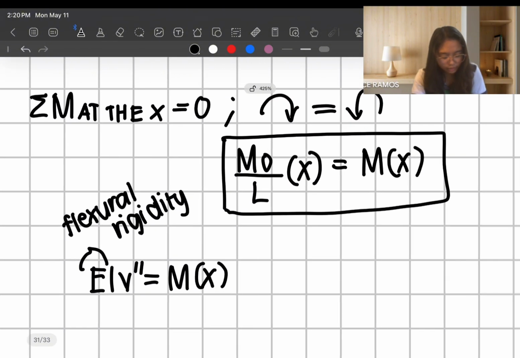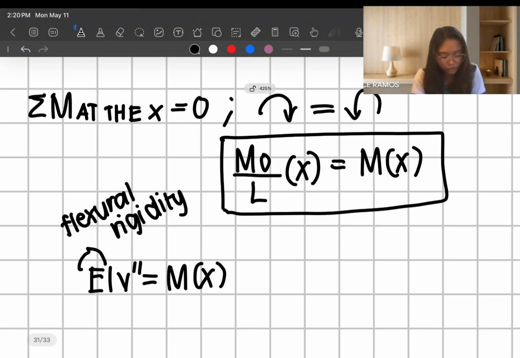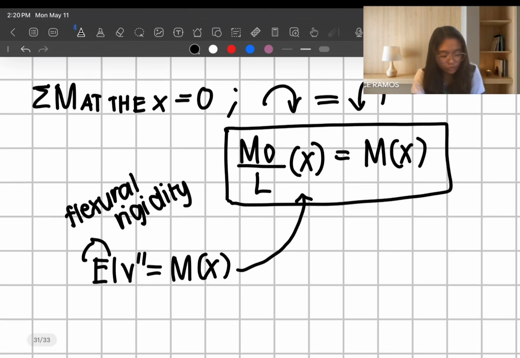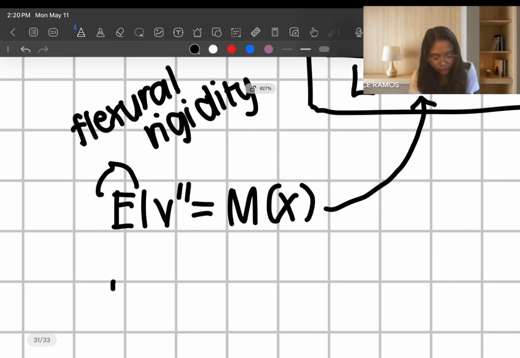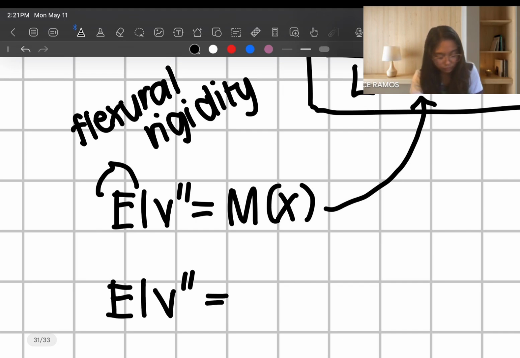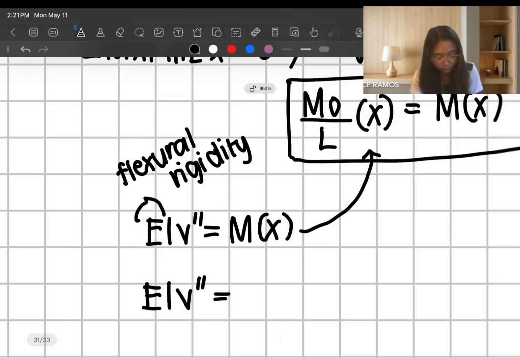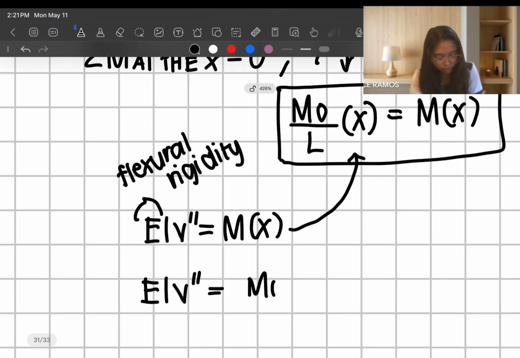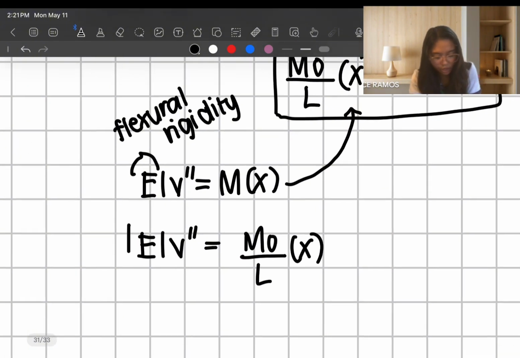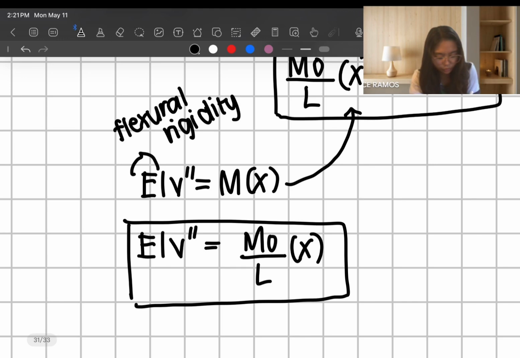So, kung mapapansin natin, yung ating equation is equal dito. So, what we'll do is we'll just substitute. So, we will get moment divided by the total length times the position. Now, this is our governing equation.